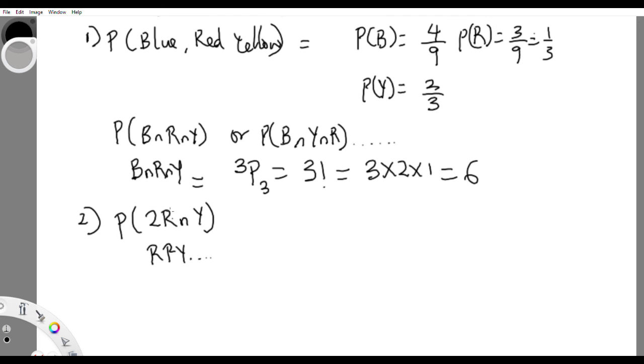But if you're picking like 4, 5, 6, and you don't want to waste time rearranging, you just want to find one way, get the number of ways, since each of them will give the same probability. So if you know the number of ways, you multiply it with one of them and you get the answer. So now the question is, how many ways can we rearrange red, red, yellow?